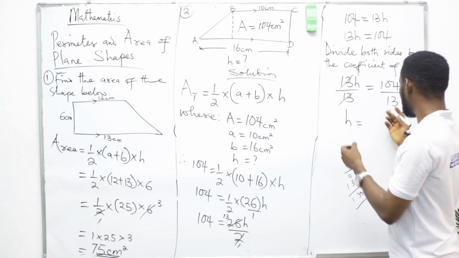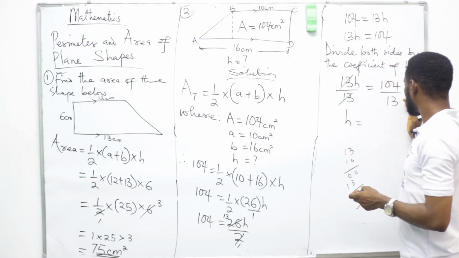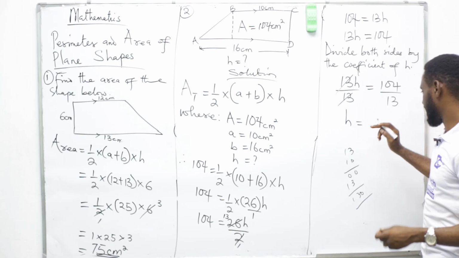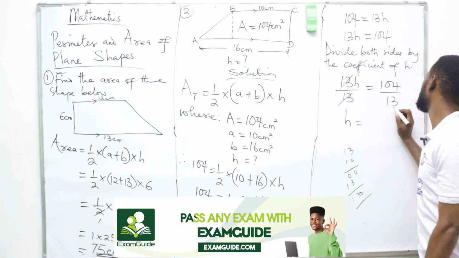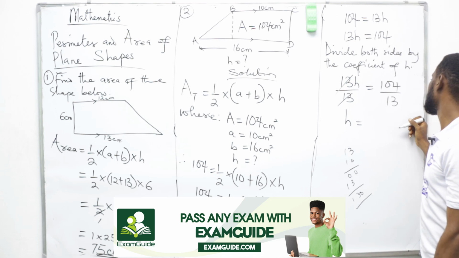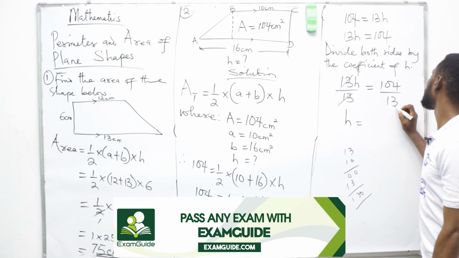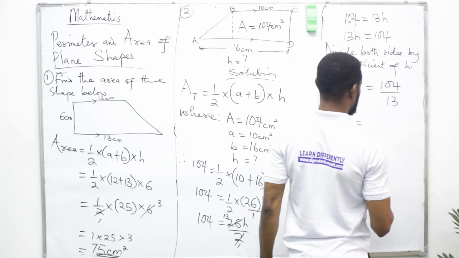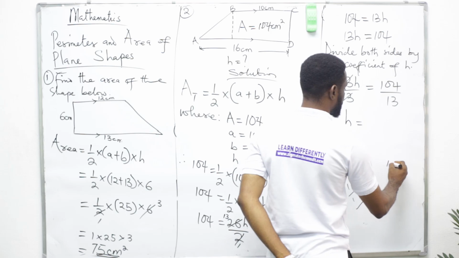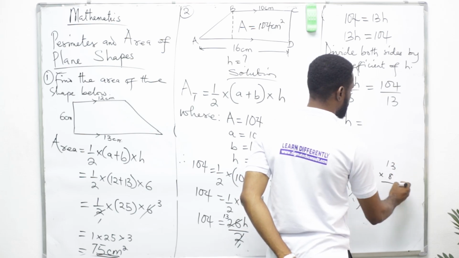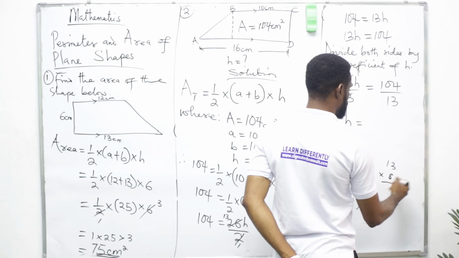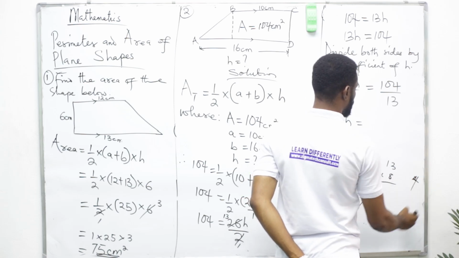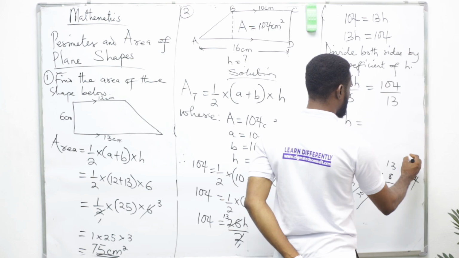Oh, it means that it is something below 10, okay? So let's look at 13 into 8. Let's say 13 times 8. 8 times 3 is 24. So we have 4, remainder 2.